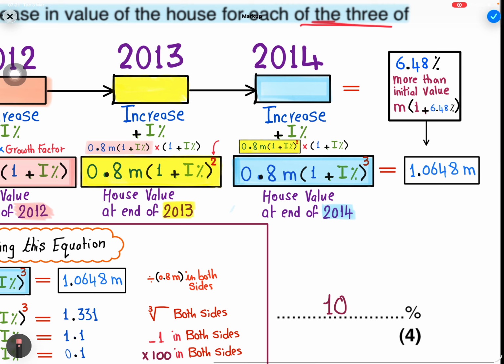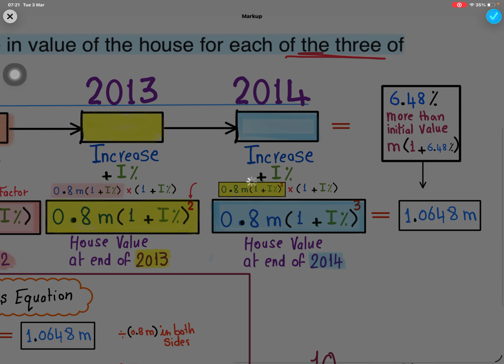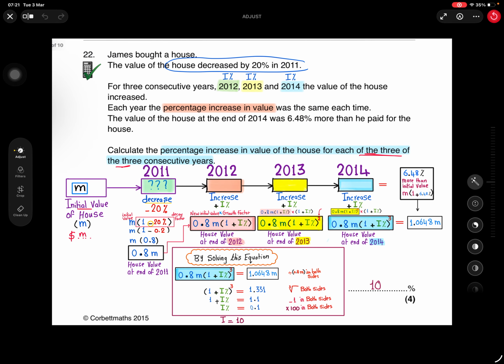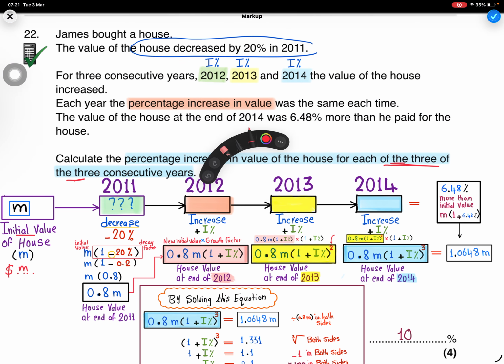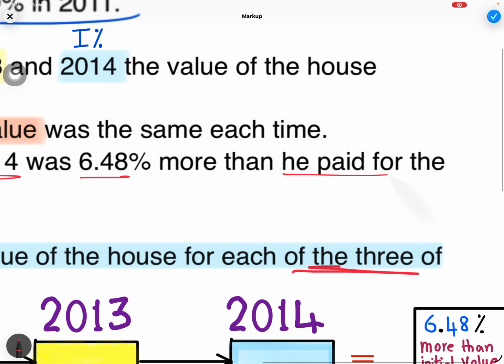Let's complete. This is the last value of the house at the end of 2014. We are given another piece of information that the value of the house at the end of 2014 was 6.48% more than he paid for the house.